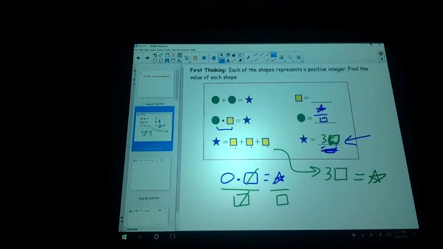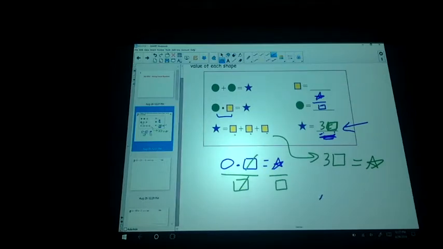This box. 3 divided by 3. I think it's just 1 box. I'm confused. Okay. So we're focusing in right here.